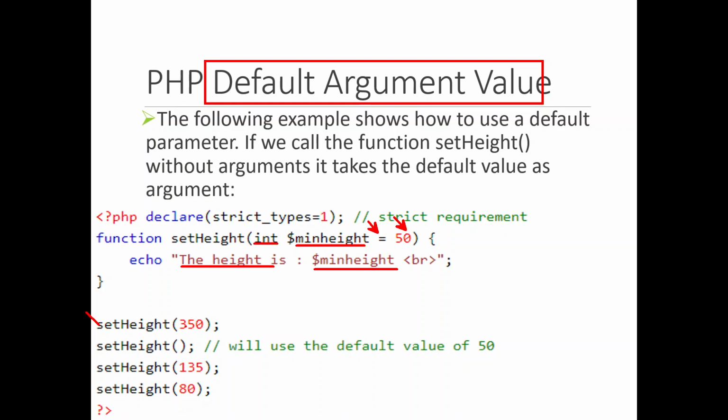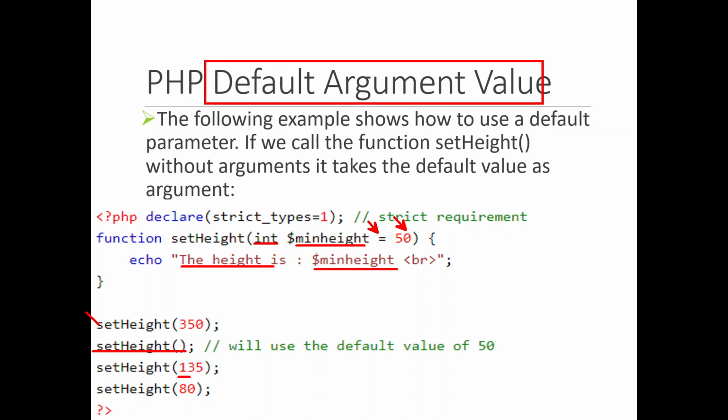Now look what happens when we call the function the first time, setHeight, and we pass it a value, then this value 350 is going to be printed. The height is 350. But when we call the function and we don't pass it a value, then the default value is going to be used, and therefore it's going to print the height is 50 on this particular call, because we have not passed it.